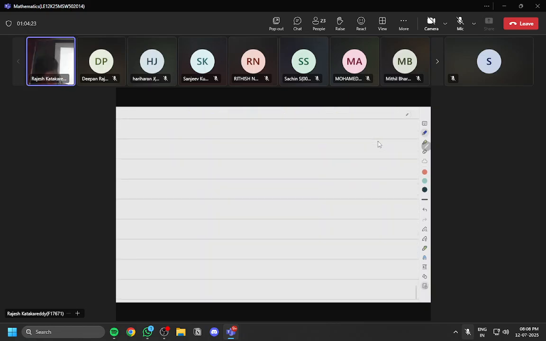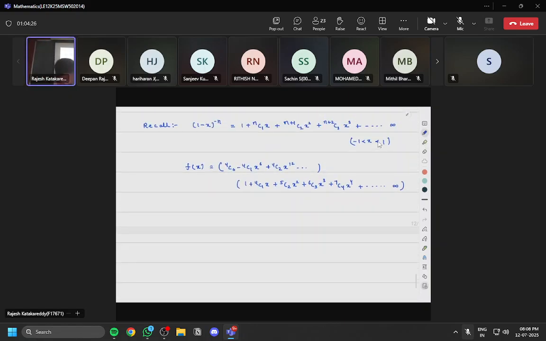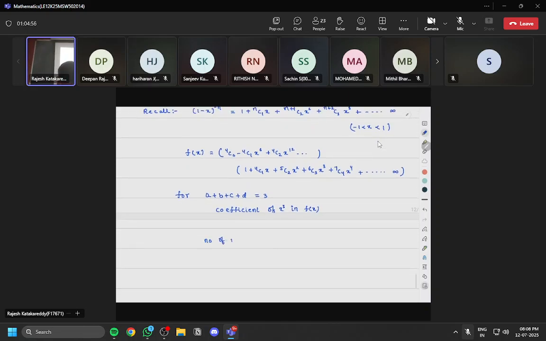Now, notice that, if a plus b plus c plus d is equal to 3, the sum of all the elements is equal to 3, we can say this is the coefficient of x cube in f of x. Clear? How to get the x cube coefficient? In this case, the number of matrices will be... So how to get x cube?